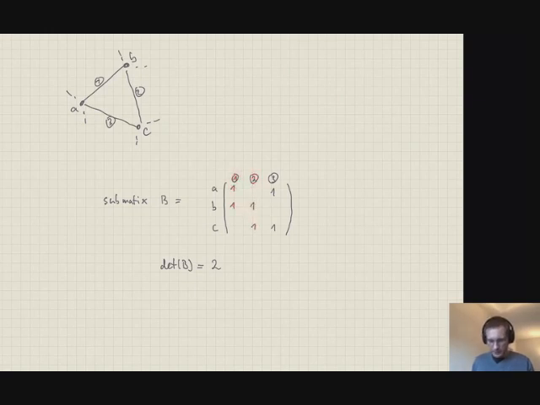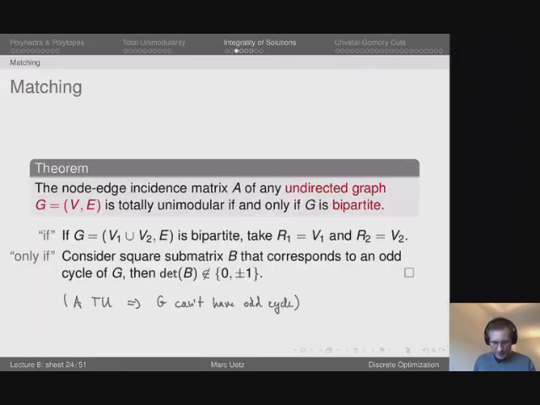And if you compute the determinant of the submatrix, you will see that this determinant is equal to 2. So hence it is not equal to plus or minus 1, and also not equal to 0. And hence, if the node edge incidence matrix is supposed to be totally unimodular, the graph cannot have any cycle of odd length. Okay, hence the graph is bipartite.